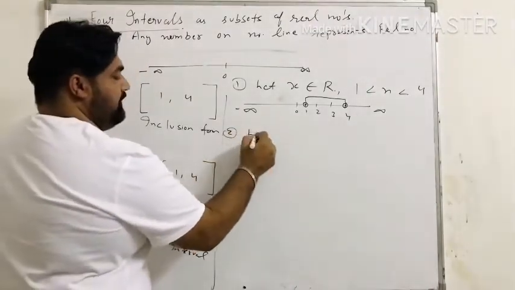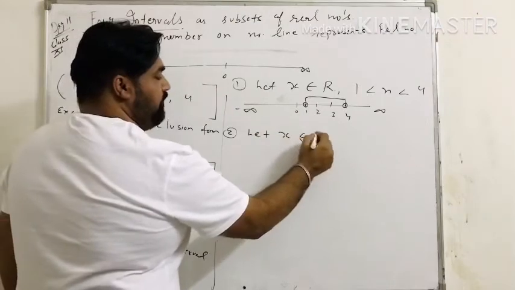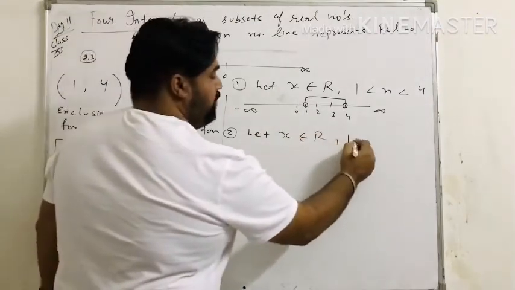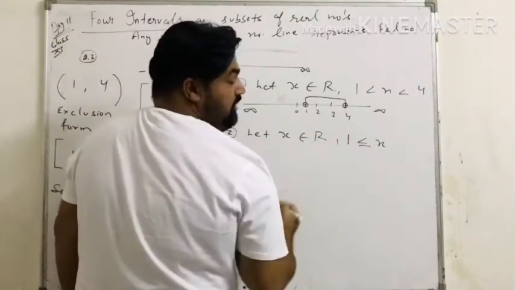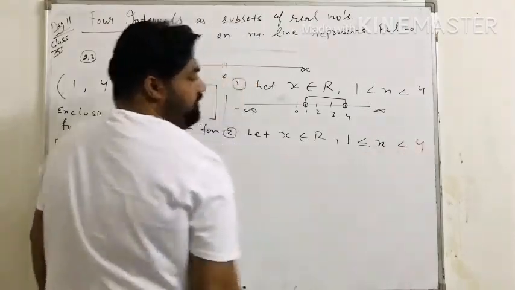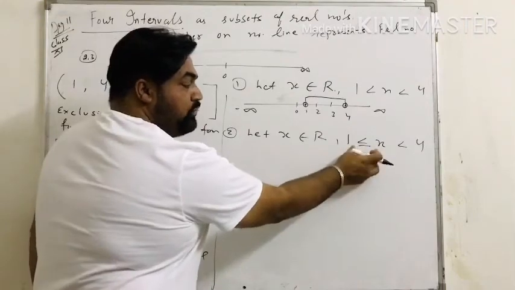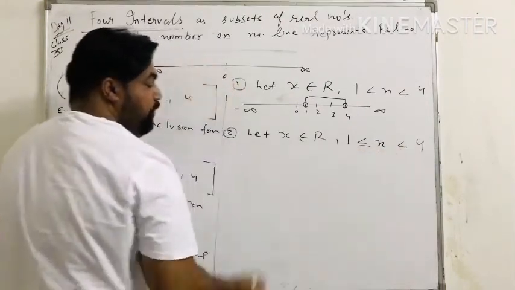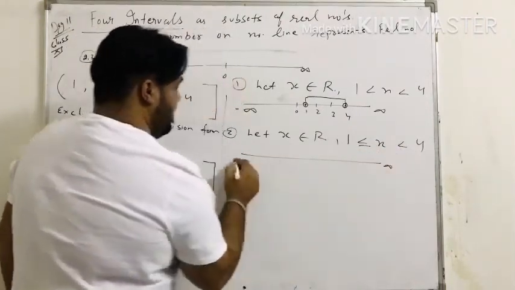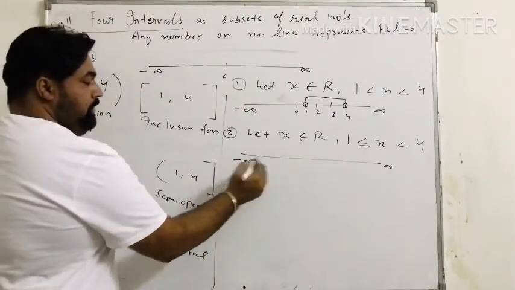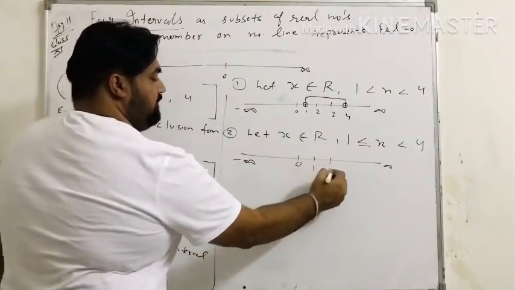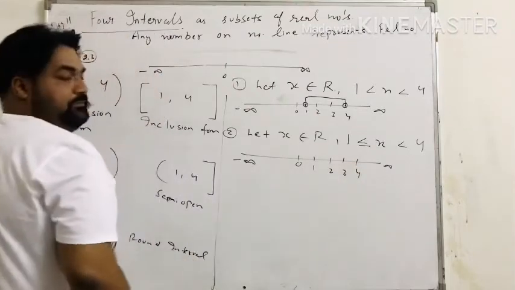Second case, let x belong to R, 1 less than or equal to x less than 4. Now x is greater than or equal to 1 and x is less than 4. In this case, draw a number line: 0, 1, 2, 3, 4.